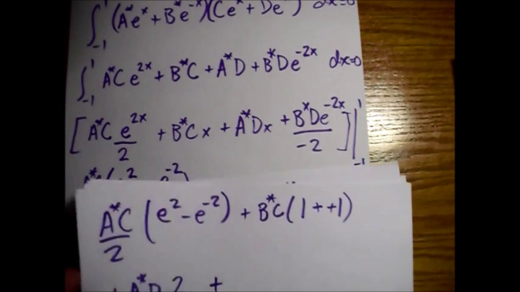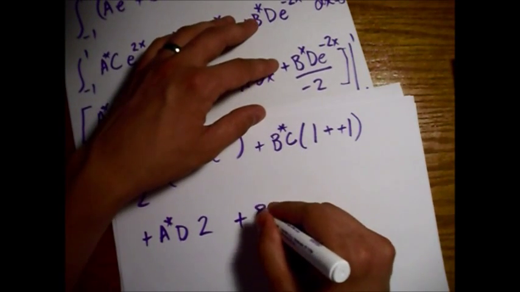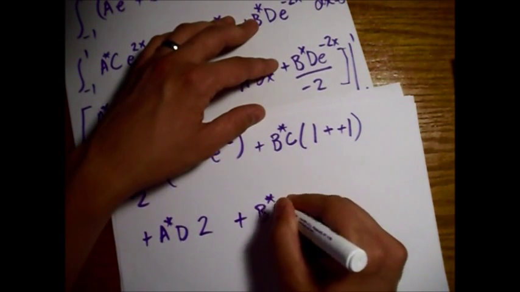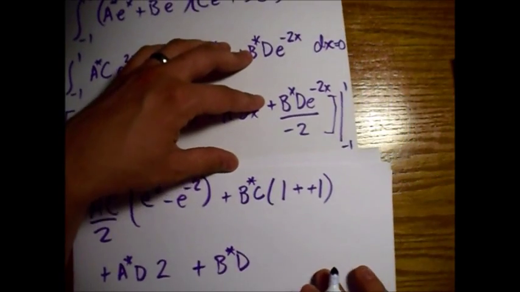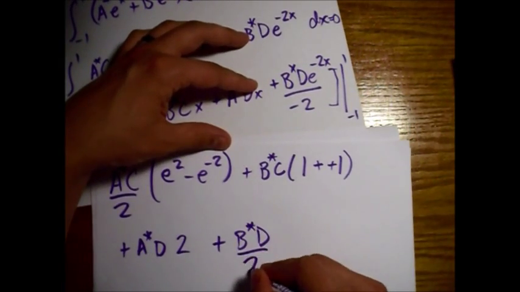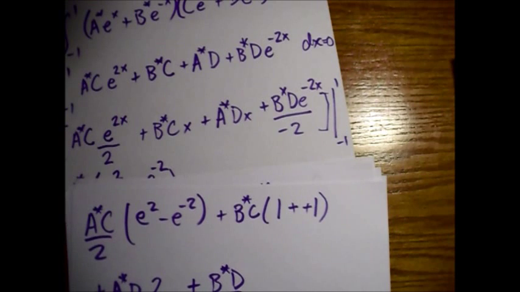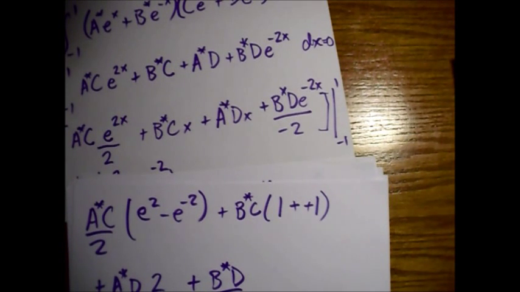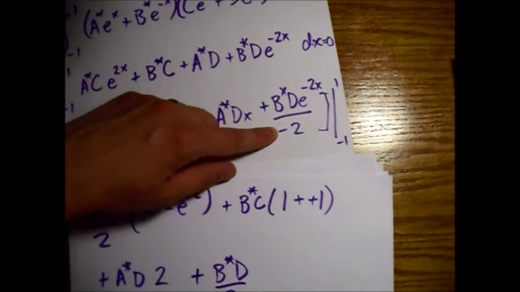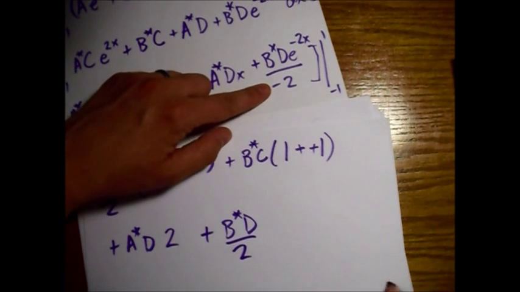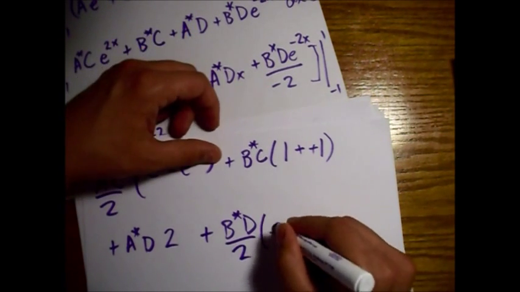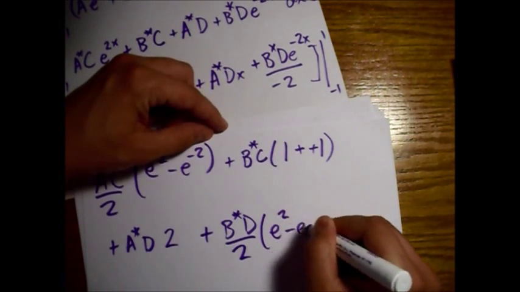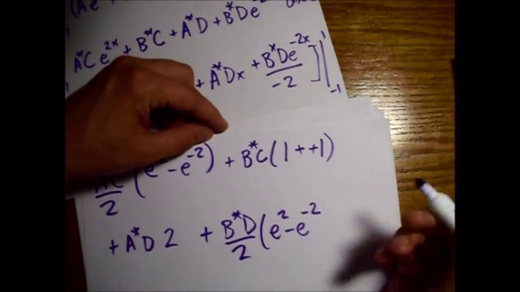Let's see what we have here. We'll have a B star D. And then 2. And then let's go ahead and reverse the limits of integration and get rid of this minus sign. So we have an e to the 2 minus an e to the minus 2.